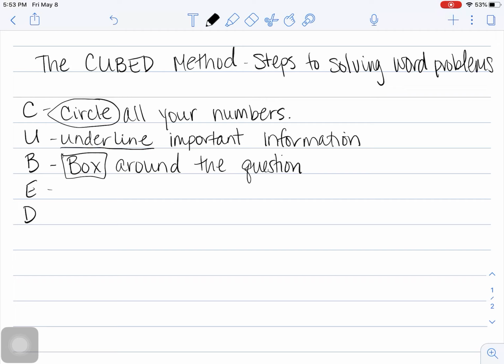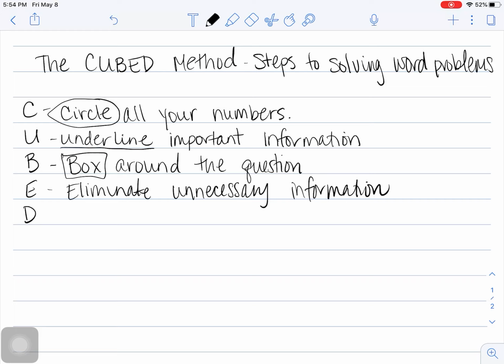E, and this isn't always the case, but this is eliminate unnecessary information, right? I told you that sometimes they will put pieces of information in the story problem just to make the story problem make sense, but some of it is not necessary to use to solve.